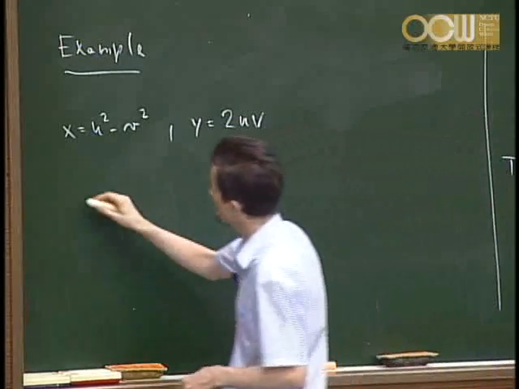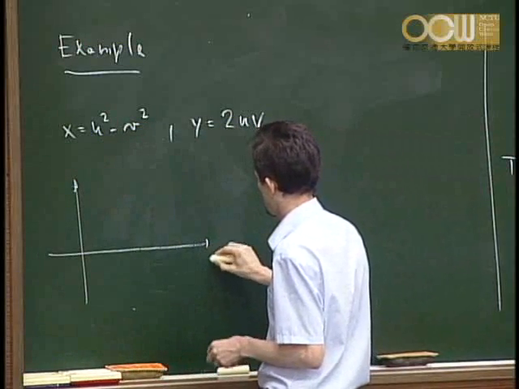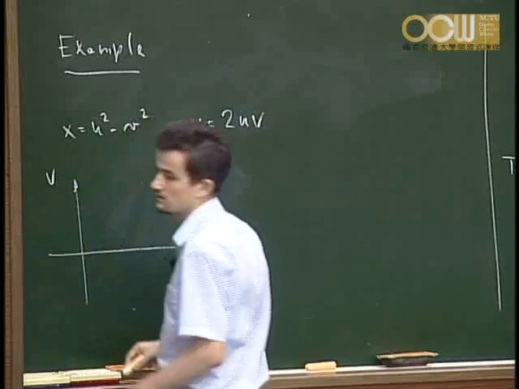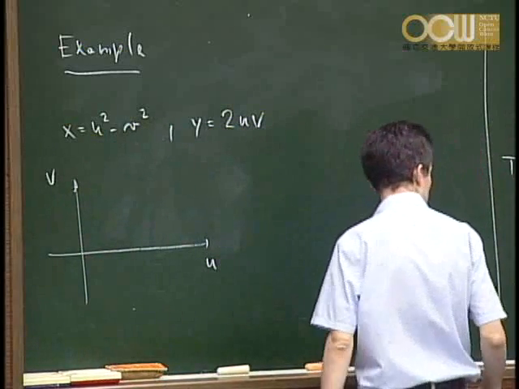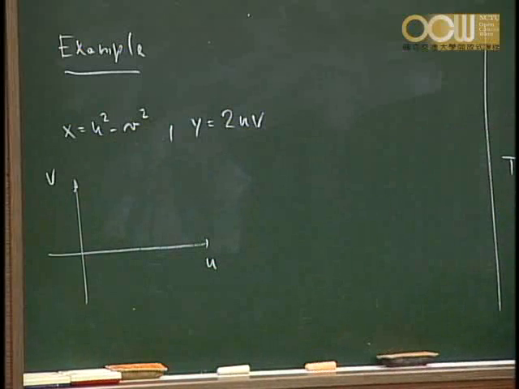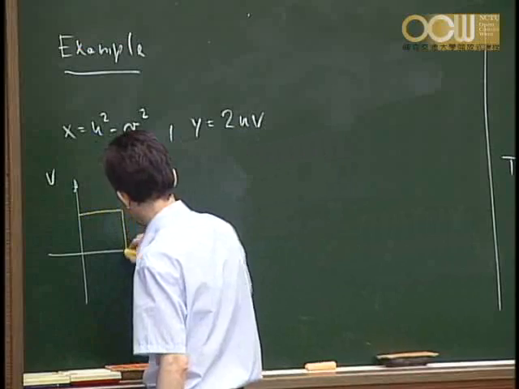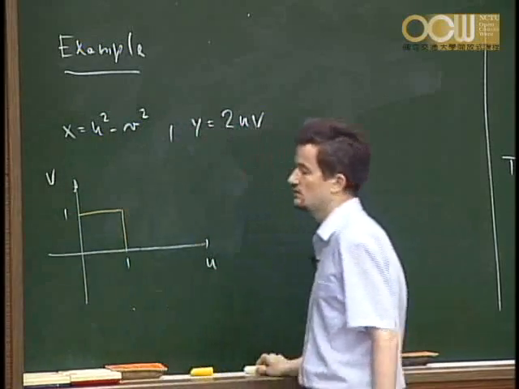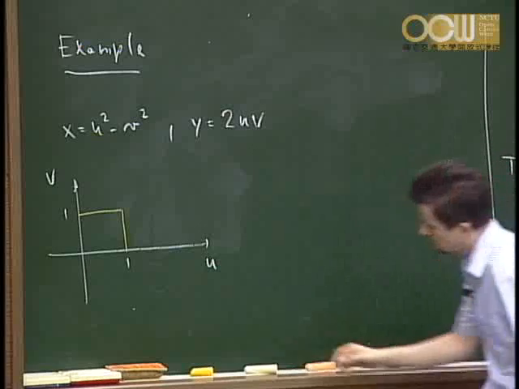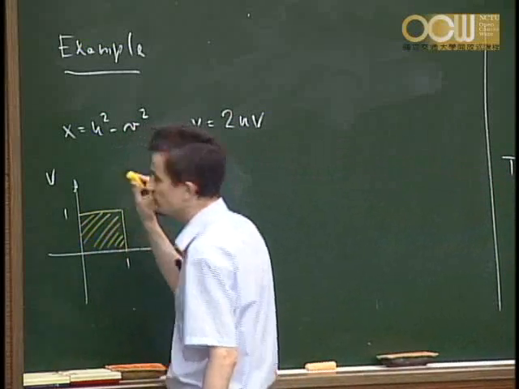Now, for instance, if you have in the UV plane, let's say, the unit rectangle, so this one, here you have 1, and here you also have 1. We look at this domain here, because this is in the UV plane.